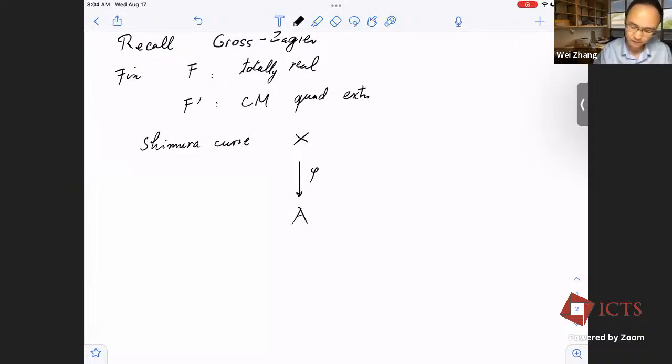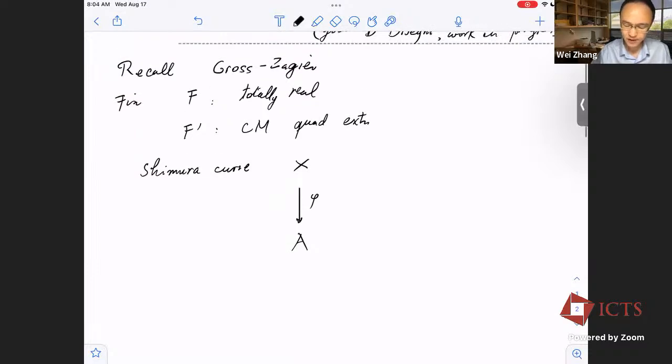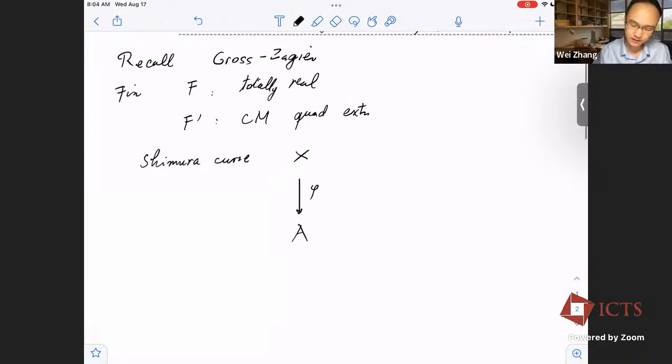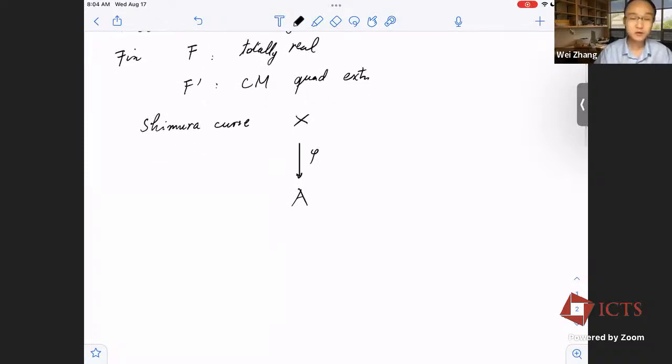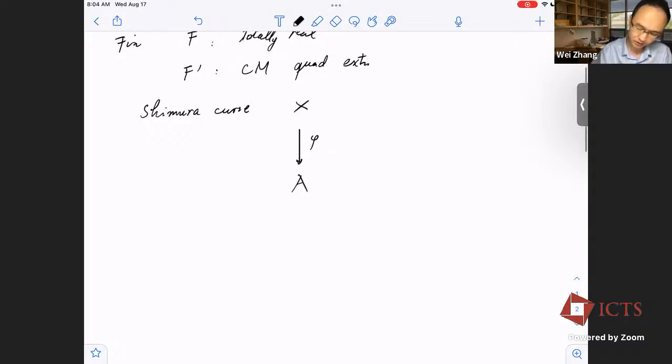Then I have CM points attached to my given quadratic extension. So I get the so-called generalization of Heegner points to the Shimura curve. If I consider this point, I get a point defined over a certain abelian extension of F prime.